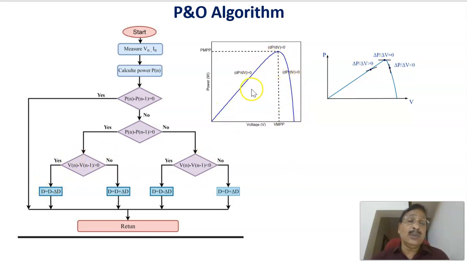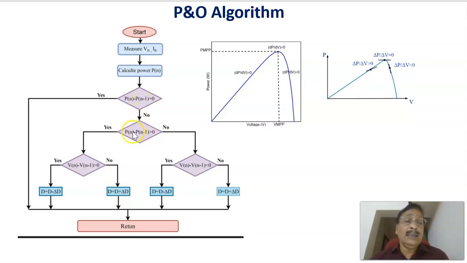In that case, you have to move the point towards here, or you have to increase the voltage. Increasing the voltage is done by reducing the duty ratio of the boost converter, D equal to D minus delta D. Now in this case, delta P is positive, but delta V is negative. Therefore, delta P by delta V is negative. In that case, you have to reduce the voltage, or you have to increase the duty ratio, D equal to D plus delta D.